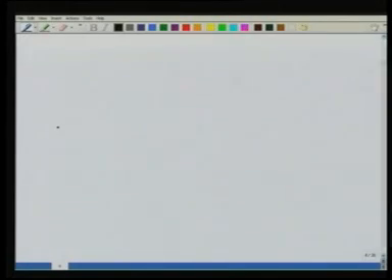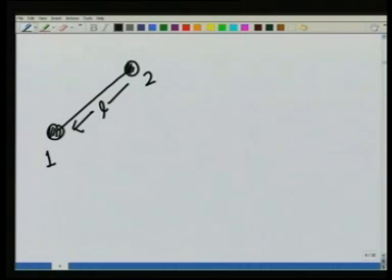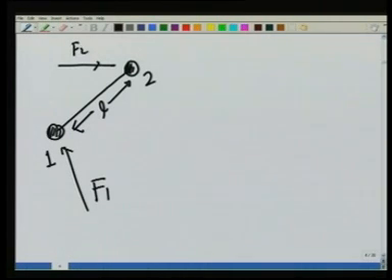Take as an example again a body consisting of two masses which are attached to a rod of fixed length L. So I would call it a rigid rod, and this is a rigid body. Now if I apply a force here and a force here, let's call it F1, let's call it F2, what will happen is F1 and F2 have a net force.